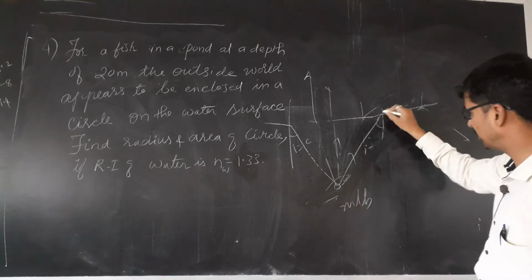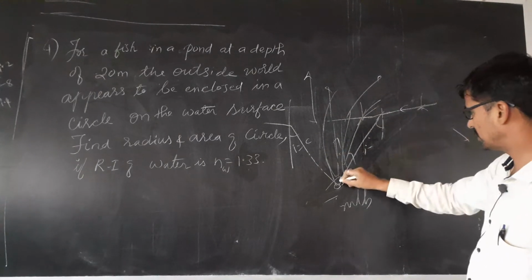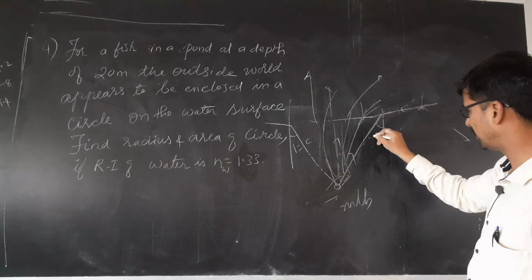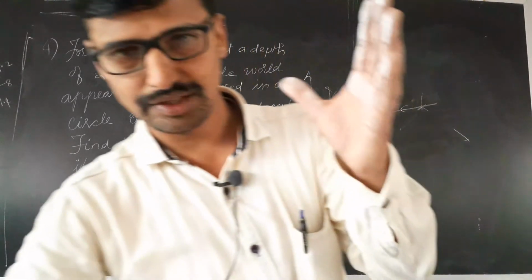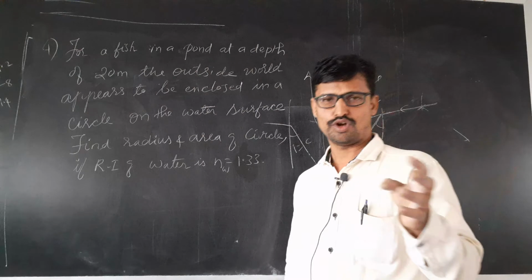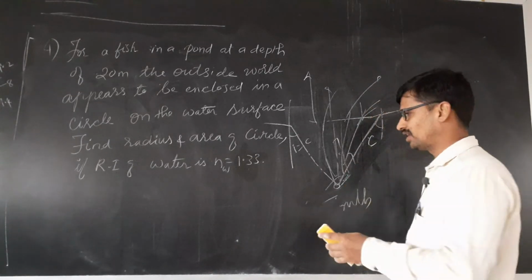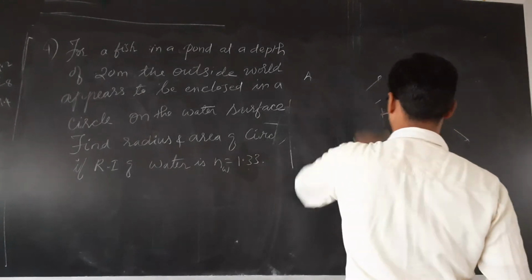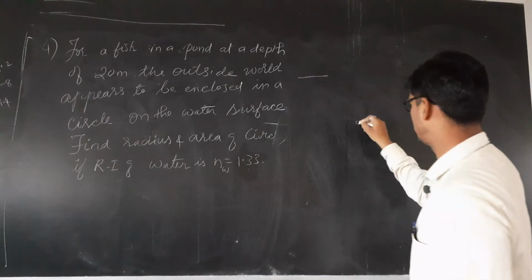Which is the last ray coming out? The one which is incident at the critical angle. Over now, whether they give fish or bulb or object, anything, the method is the same. And in the entrance exam it is only 1 mark. Let us see. See children, this is the fish.